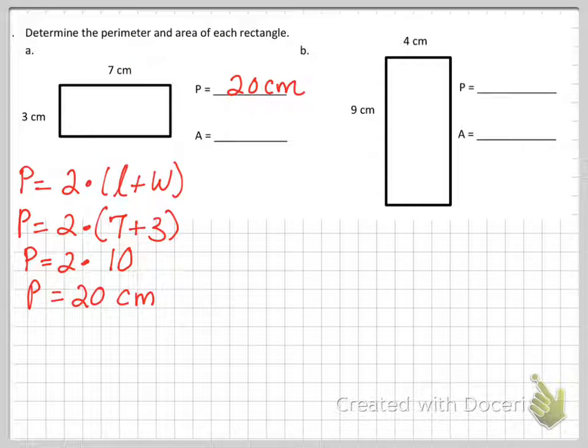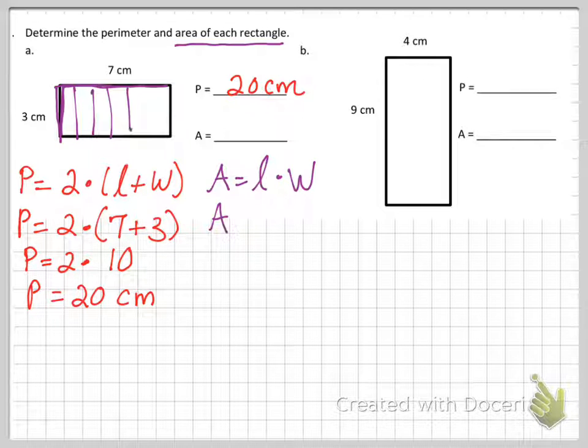Okay, boys and girls, the next one we're going to be looking at is the area now of this rectangle. Again, we need to remember our formula. A equals length times width. So over here is our length, and over here is our width. We're just going to plug those in. Remember the area is all the boxes that are inside the rectangle, all those square units.